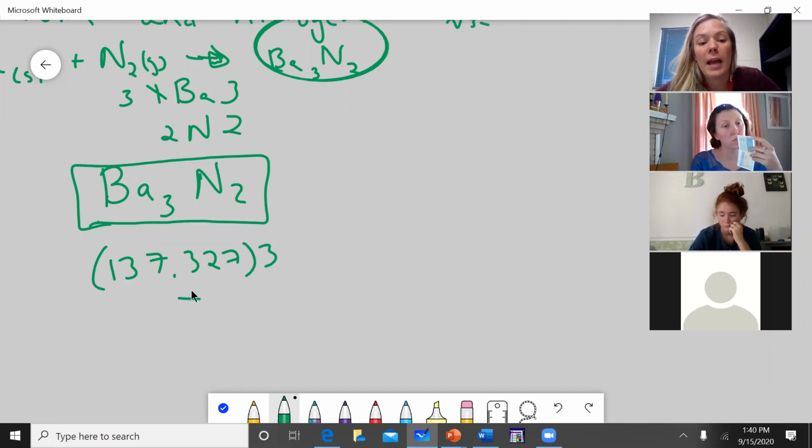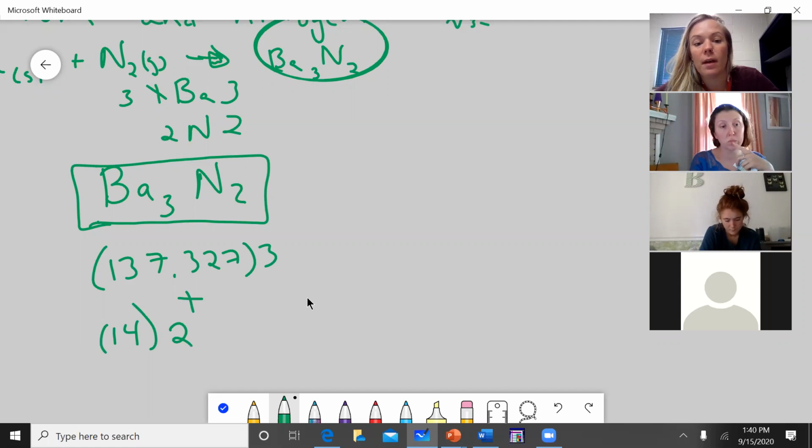Okay. I'm going to add that to my nitrogens. So my nitrogens are 14, close enough. 14, and I have 2 of them. And so then we add those together.